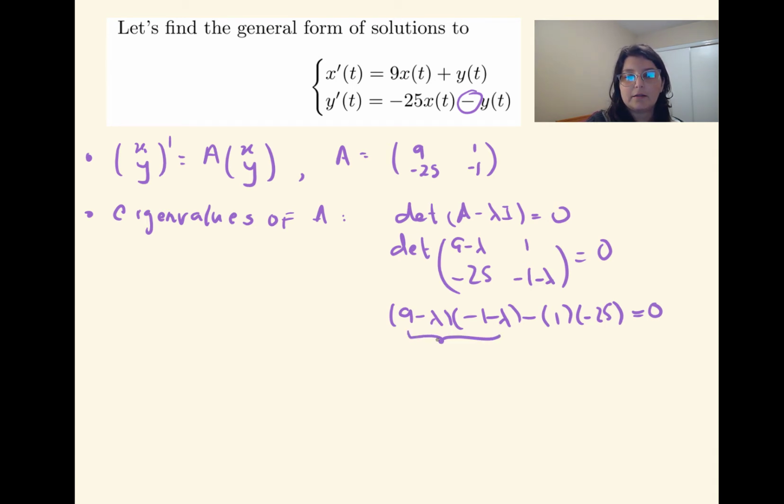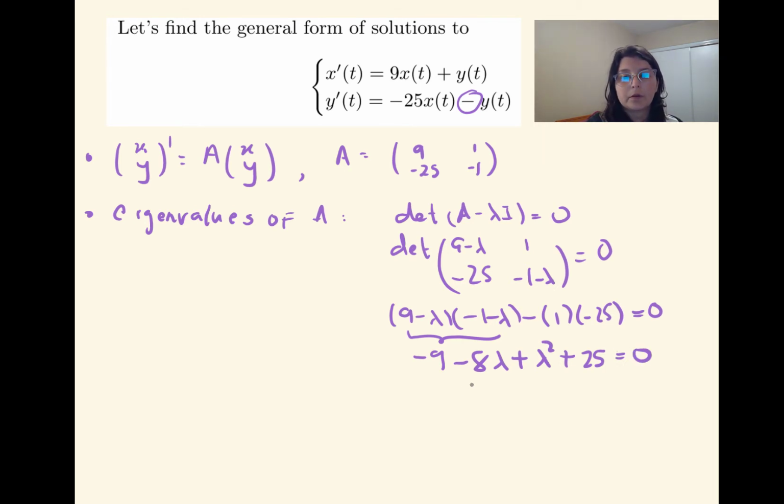And when we expand this product, we find minus 9, then minus lambda times minus 1, that's plus lambda, and then 9 times minus lambda, that's minus 9 lambda. We get minus 8 lambda, and then minus lambda times minus lambda, so plus lambda squared. And then we add 25 because we have minus 1 times minus 25 equals 0.